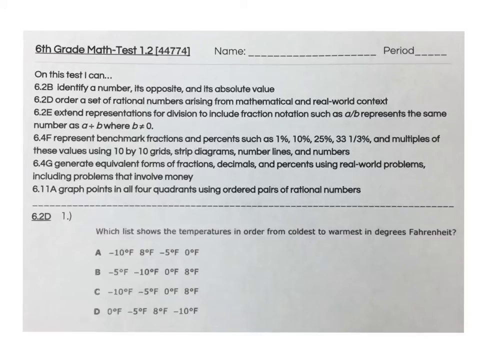B, -5 degrees Fahrenheit, -10 degrees Fahrenheit, 0 degrees Fahrenheit, and 8 degrees Fahrenheit. C, -10 degrees Fahrenheit, -5 degrees Fahrenheit, 0 degrees Fahrenheit, and 8 degrees Fahrenheit. And D, 0 degrees Fahrenheit, -5 degrees Fahrenheit, 8 degrees Fahrenheit, and -10 degrees Fahrenheit.